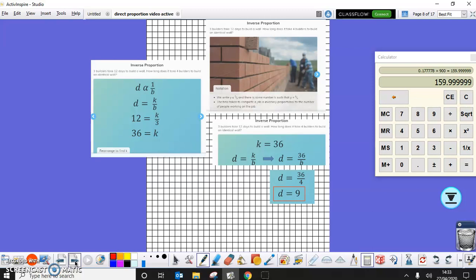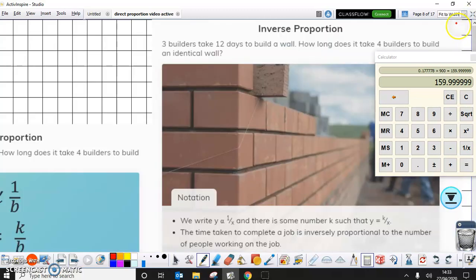Okay, moving on to inverse proportion. Now, as it says at the top here, 3 builders take 12 days to build a wall. How long does it take 4 builders to build an identical wall? Okay. Now, before we look at the notation, you've got to understand that if we think we've got a wall that needs to be built, 3 people will take 12 days.